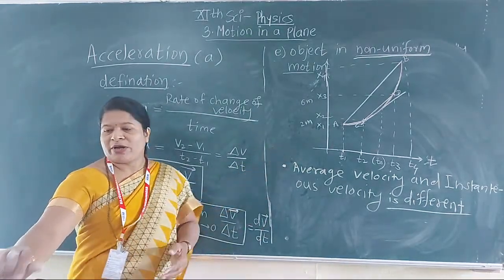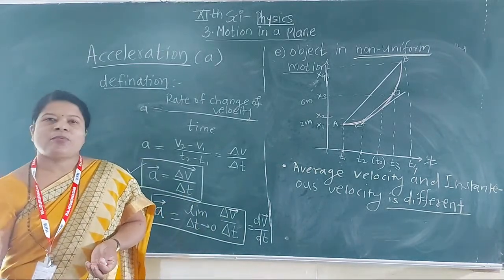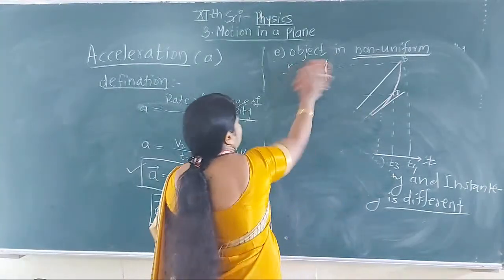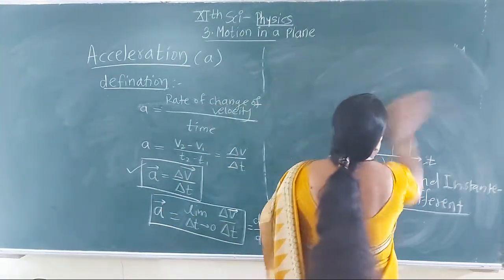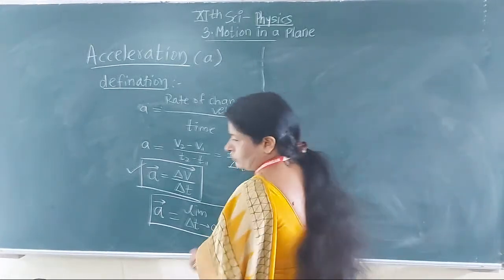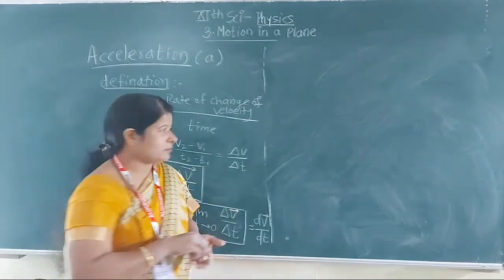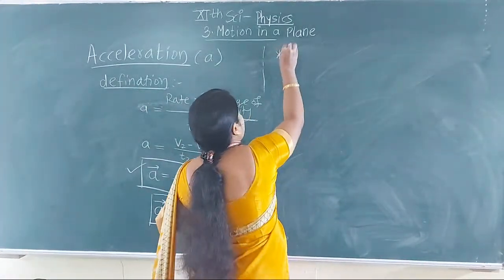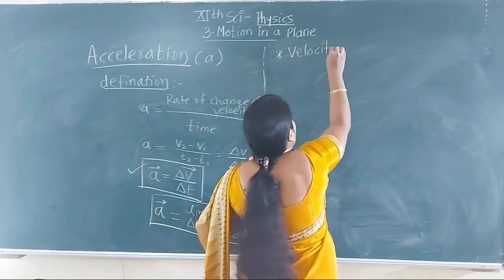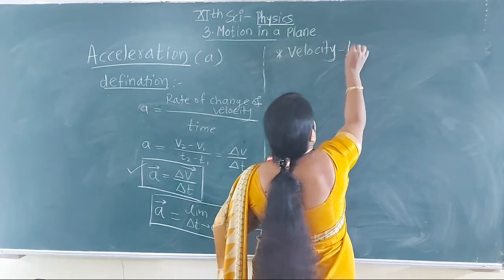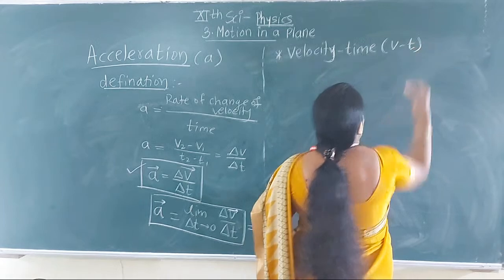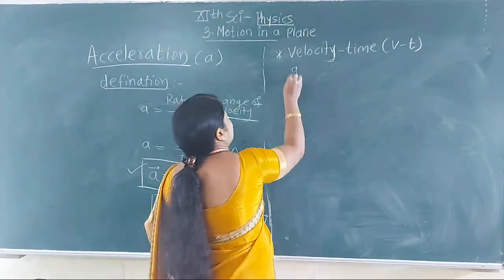So the next point is the velocity time graph for four different cases. Velocity time graph, in brackets v dash t.